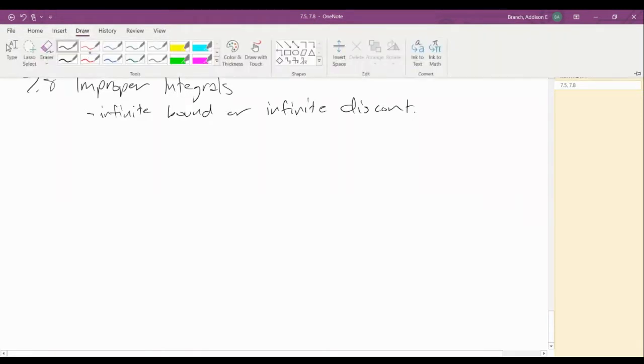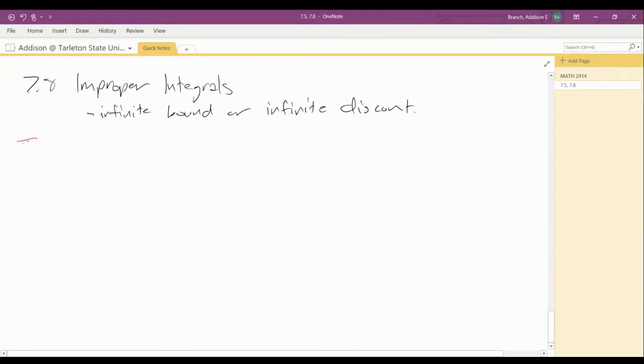We have our type 1, and these have to do with infinite bounds. Now, there are 3 main cases whenever we're talking about this.